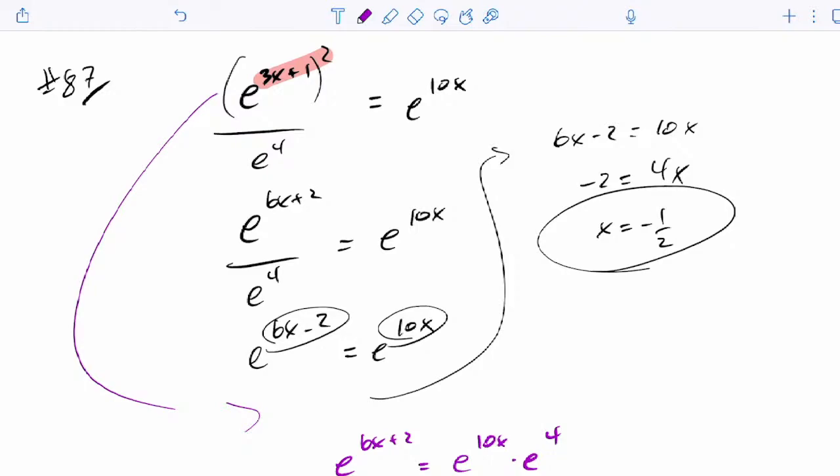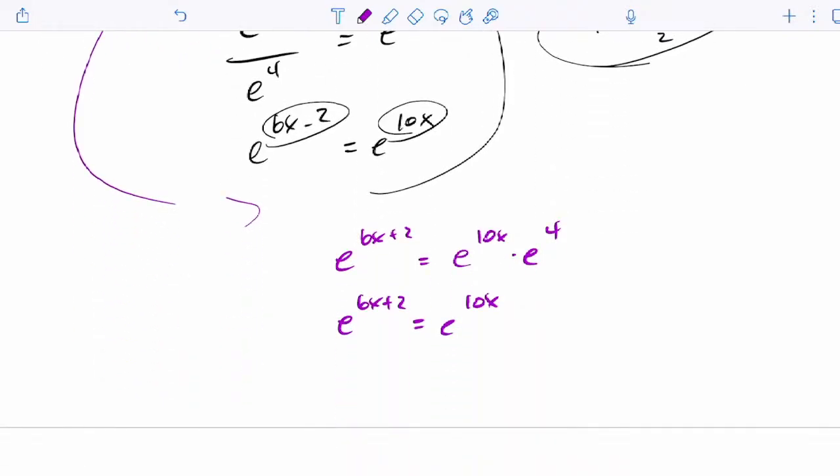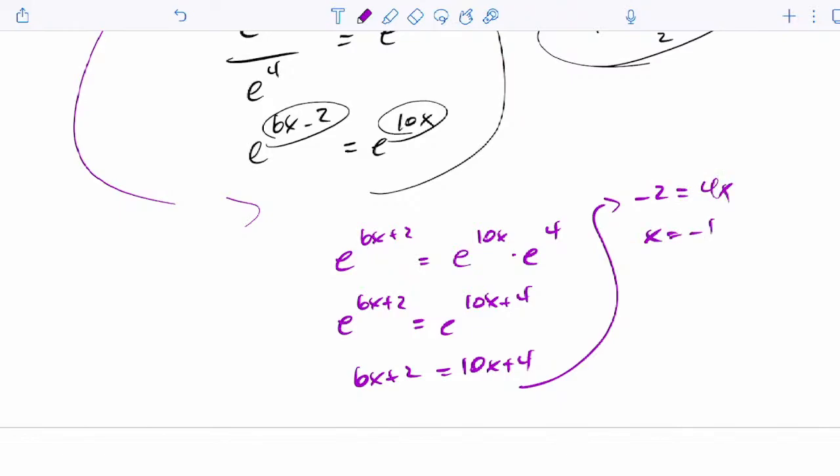It's 10x plus 4, and then you get the same answer, same answer as Tareem's version.